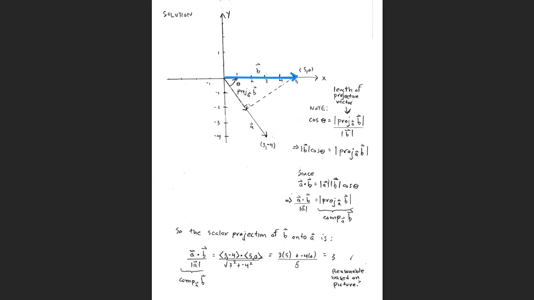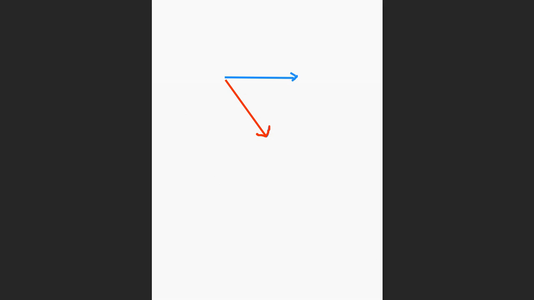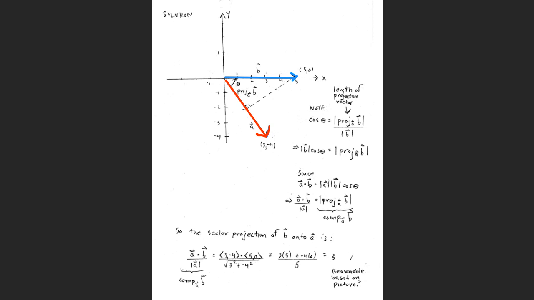So there's the vector A, and you can see I tried to draw it pretty accurately, in red. And the projection vector, maybe I'll put that in green. There it is.